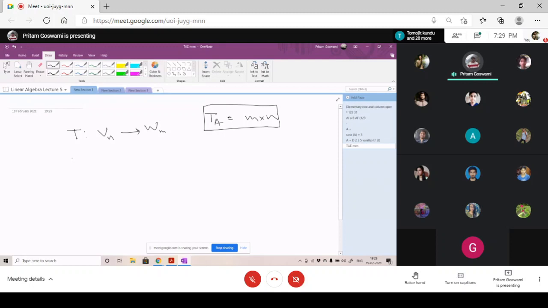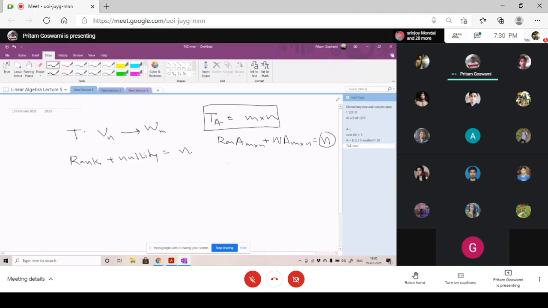So what does the rank nullity theorem tell you? Rank plus nullity equals the dimension of V, here N, right? So rank of a matrix A of M cross N plus nullity of the matrix A will give you N.